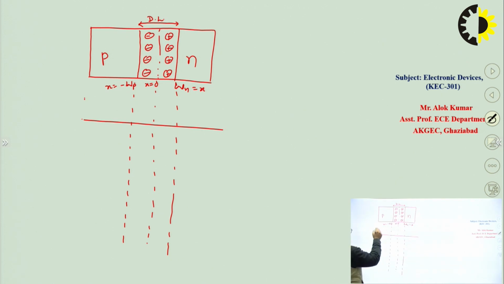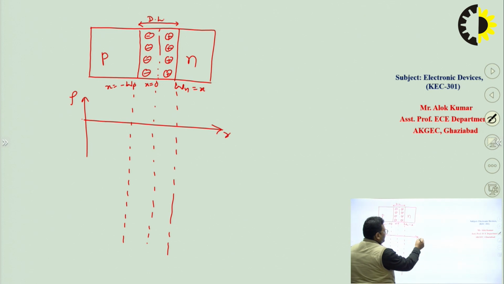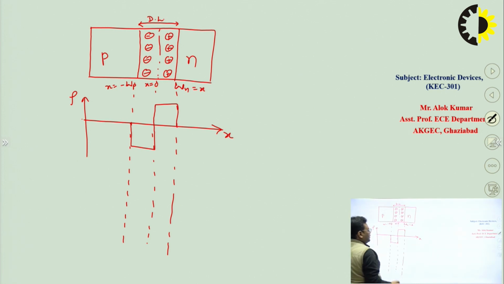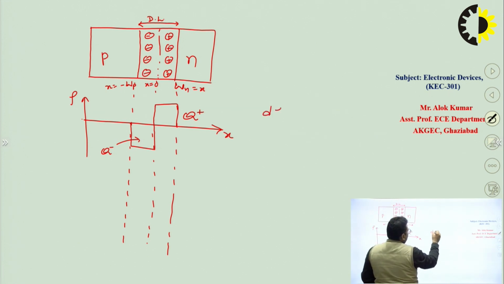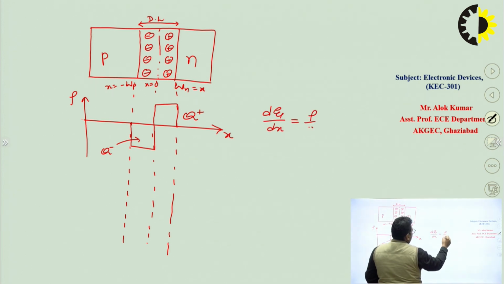The charge density we represent by rho, with respect to distance. It will be like this: the total negative charge here, and here the total positive charge. This is the charge density, and using the Poisson equation, dE over dx is equal to rho upon epsilon.